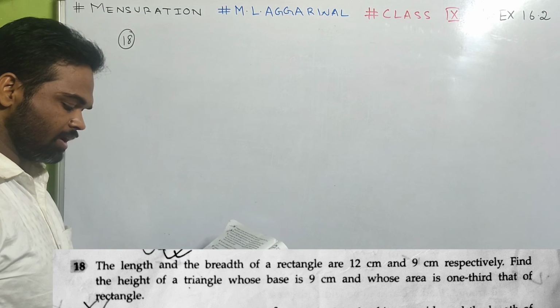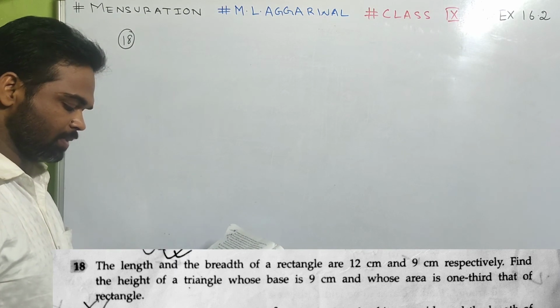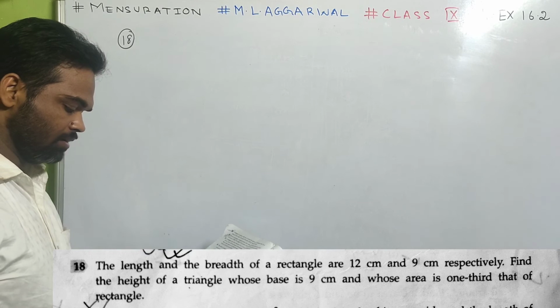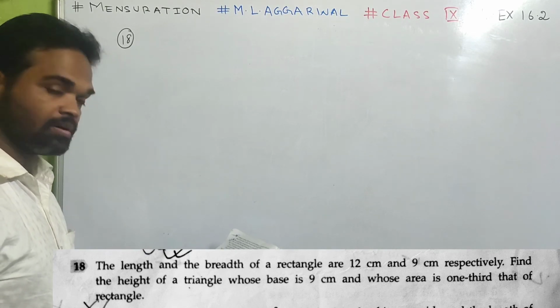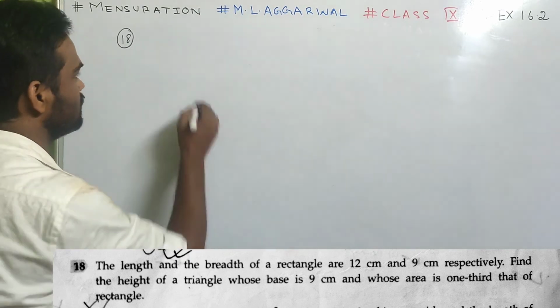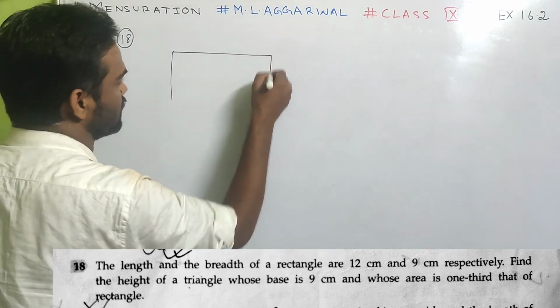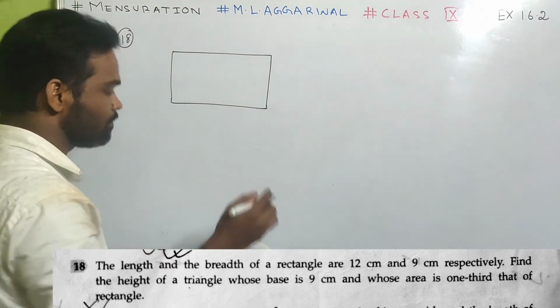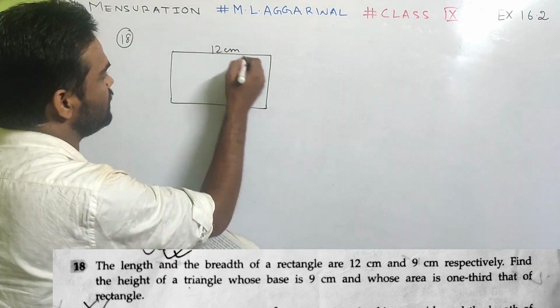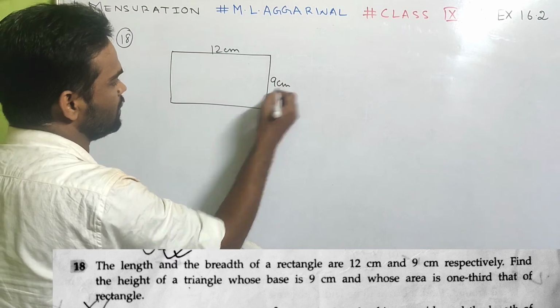The length and breadth of a rectangle are 12 cm and 9 cm respectively. Find the height of the triangle whose base is 9 cm and whose area is 1/3 that of the rectangle. There are two things. There is a rectangle whose dimensions are given to us, 12 cm and 9 cm.